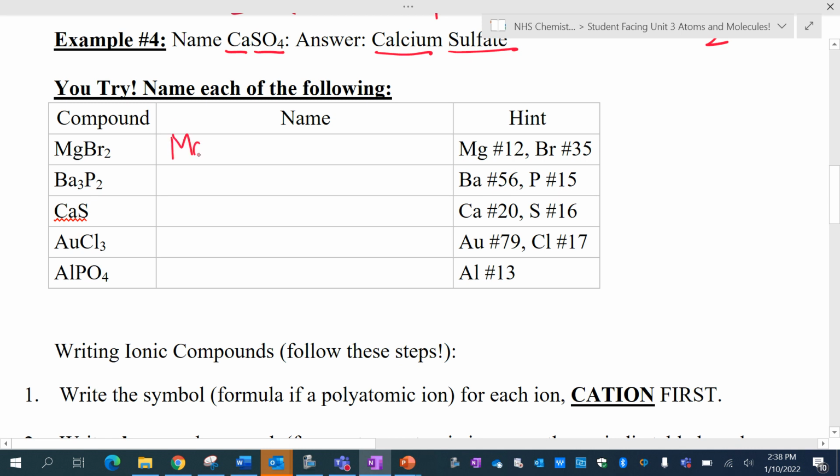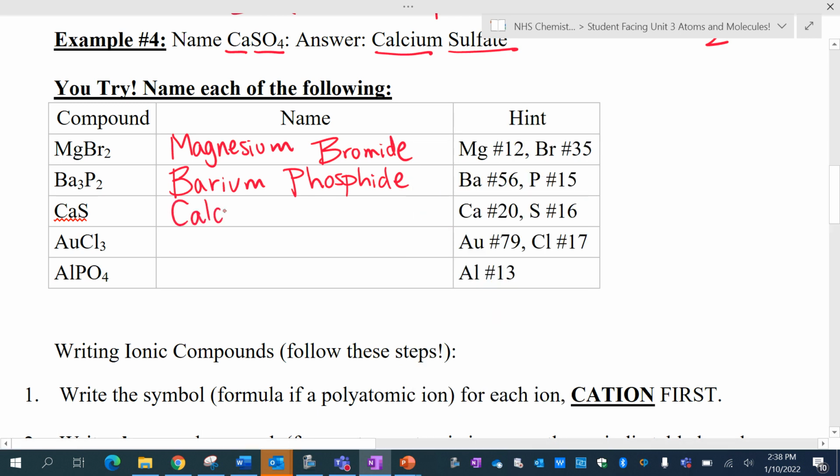MgBr2 would be magnesium, and instead of bromine, it would be bromide. Next one would be barium, and instead of phosphorus, we would change it to phosphide. And the next one, calcium, instead of sulfur, sulfide.